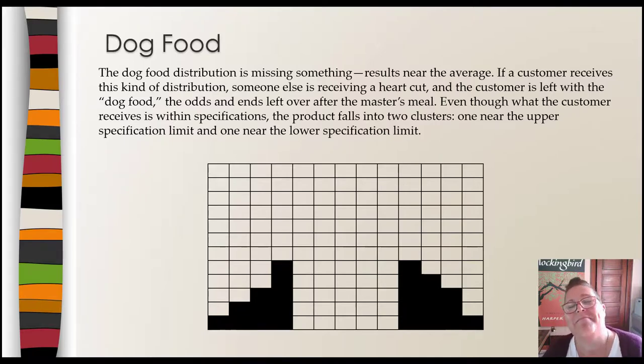I love the name. It's called the dog food histogram, basically because, well, not because the heart is cut out, which I suppose you could say it that way, but because the image that's left is that of a dog bowl. Right? We took the center out and left it empty, and we end up with something that looks a lot like a dog bowl.